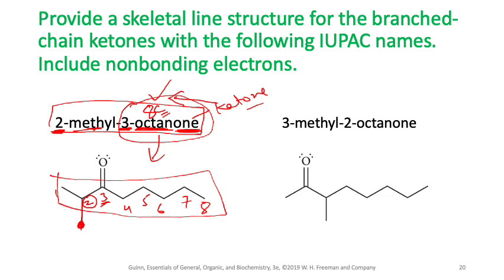So you go from the parent chain, octane, again 8 carbons. Let's draw 8 carbons. 1 2 3 4 5 6 7 8. And then the time I see ONE, I know it is a ketone. On the second carbon you have a carbonyl group. So this is your ketone on the second carbon.